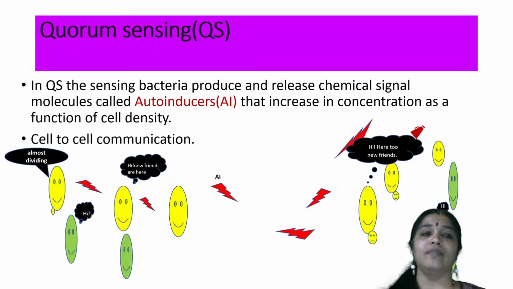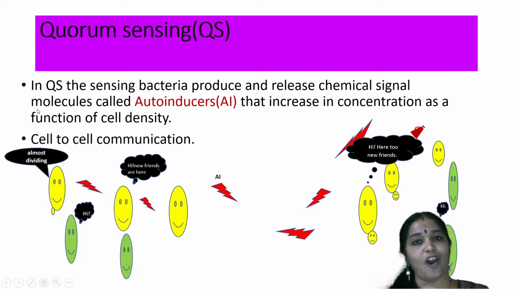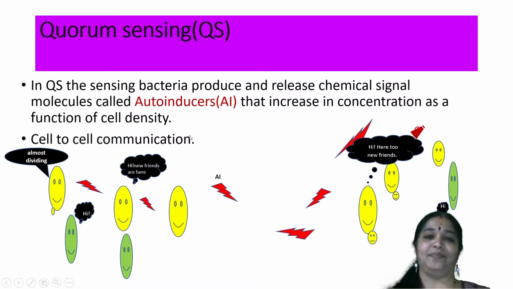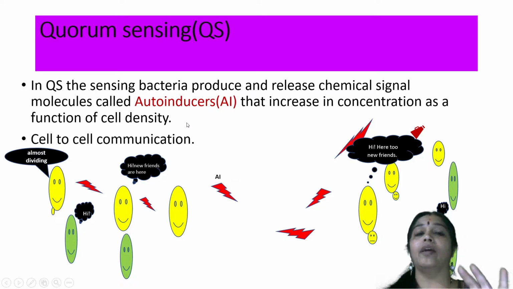Now in quorum sensing, the sensing bacteria produce and release chemical signal molecules called autoinducers. Here I've shown you the autoinducer that increases in concentration as a function of cell density. A single cell will not produce enough autoinducer.